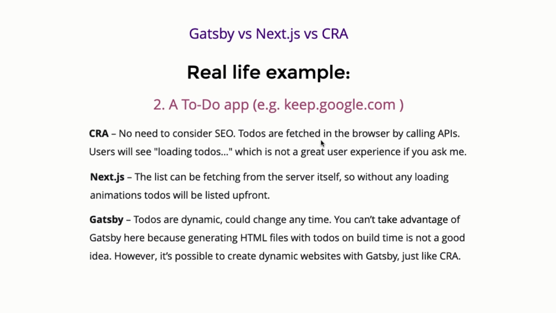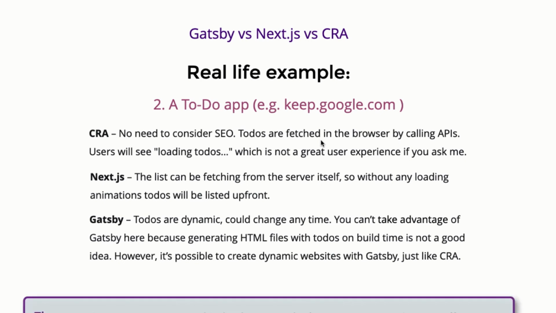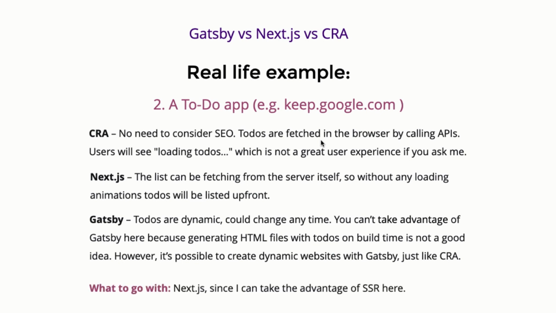So in this case, the content is very dynamic, and you can't take advantage of Gatsby here, because I can't imagine generating HTML files for to-dos every time a to-do changes. Okay, Gatsby is not really ideal for this. So in this case, we are going to go with Next.js, because I can also take advantage of server-side rendering here.